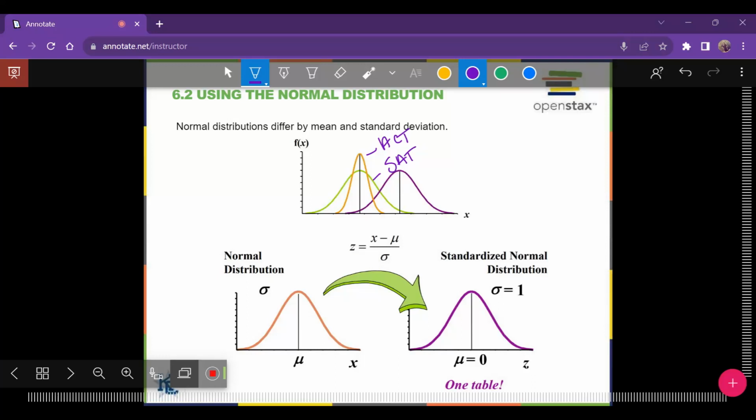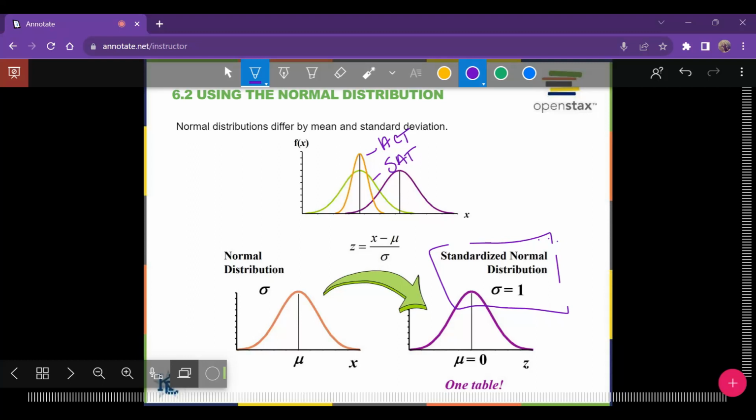If we want to compare and set a standard for people entering our college with a certain ACT or SAT percentage correct, then we would need to change it to the standard normal distribution, because both of those have different scales that we're measuring on, right? ACT only goes up to like 32. SAT, a good score on that's like 1400. So it goes up more than that. So comparing 32 to 1400 would be difficult. And that's why standard normal distributions are so important.